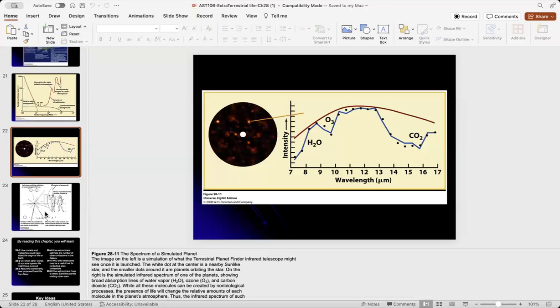The last topic in this chapter is about our own search to make contact with alien life.